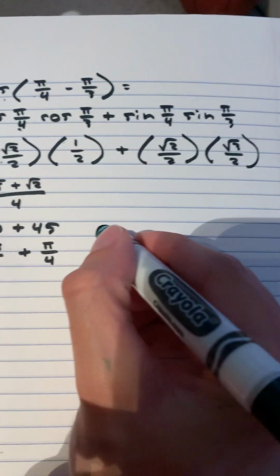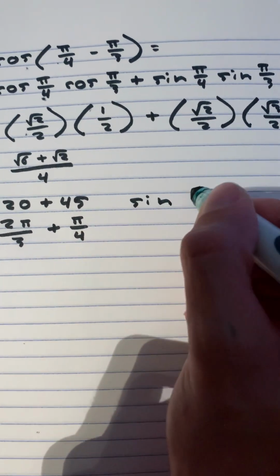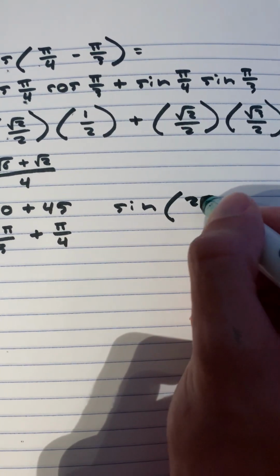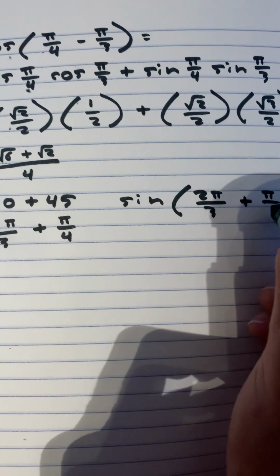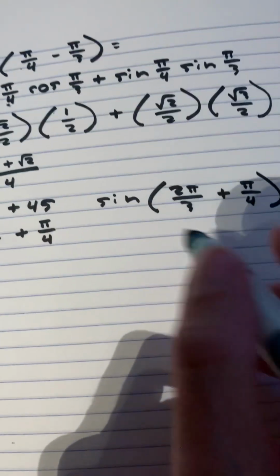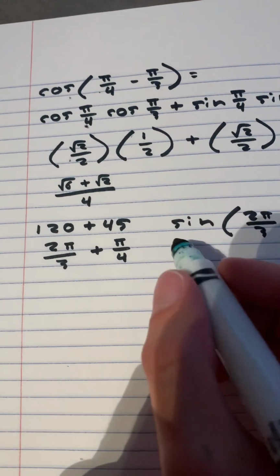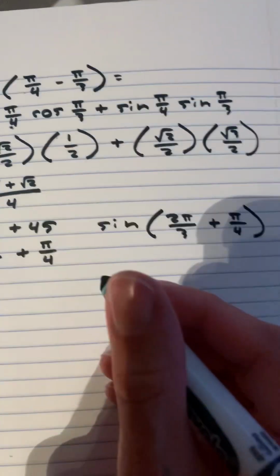And which one of the 6 trig functions are we taking of that value? The sine of that value. So this is obviously going to be the sine of 2 pi over 3 plus pi over 4. And we know our trig identity, sine, cosine, cosine, sine.